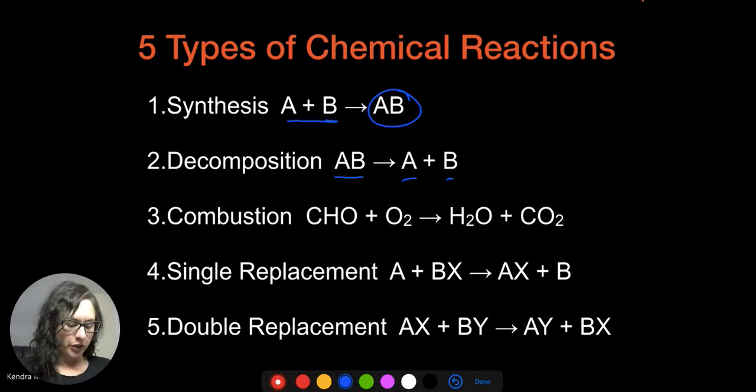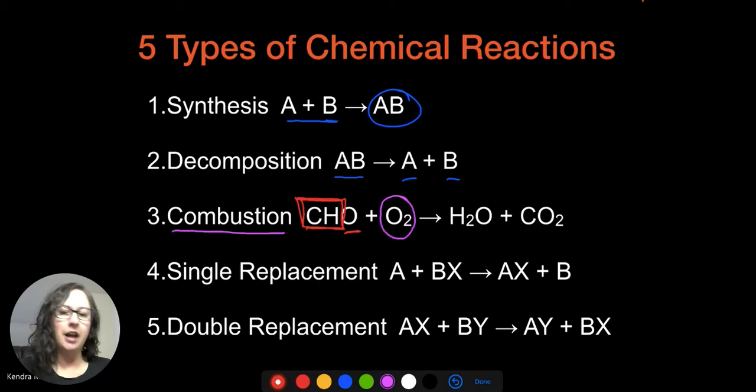With combustion, we tend to have some sort of a hydrocarbon. We're going to talk about 2 different scenarios for combustion, but the classic combustion is really where we have something with carbon, hydrogen, and maybe some oxygen, nitrogens, things like that. And when we have those in the presence of O2, now here is the key.